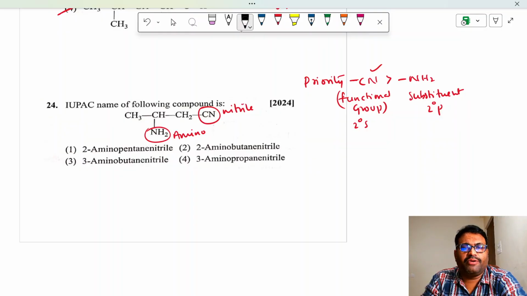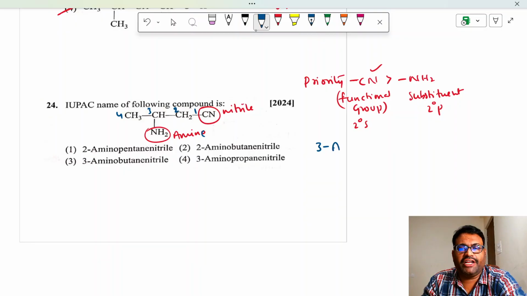If you number this compound, 1, 2, 3, 4. So what will be the name? 3 amino. The amine functional group, 3 amino. 4 carbon atoms are there, so butane nitrile. What is the secondary suffix for the cyanide functional group? It is nitrile.